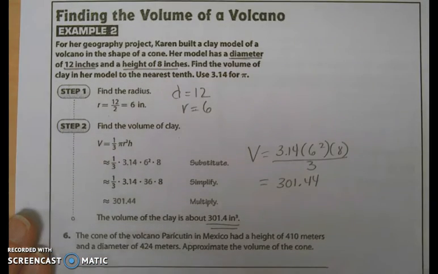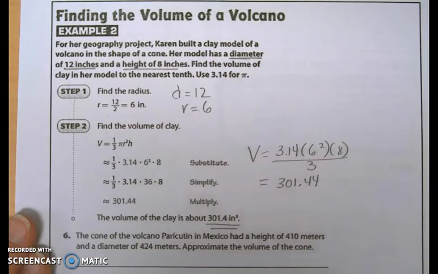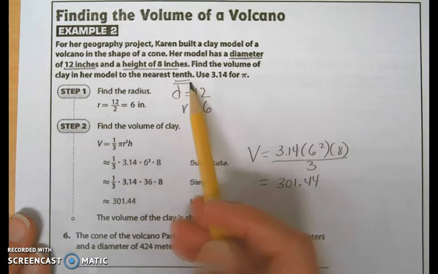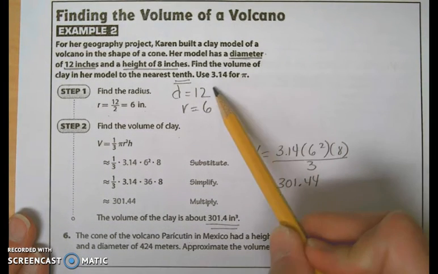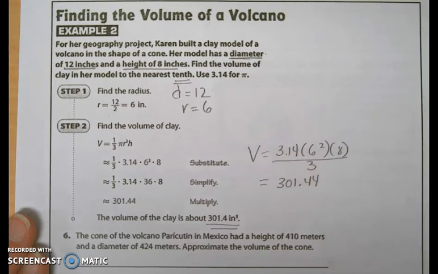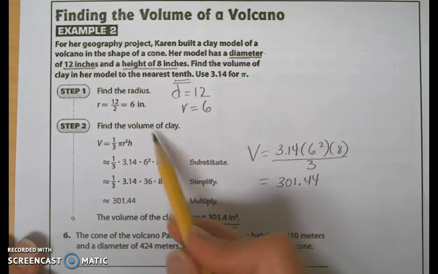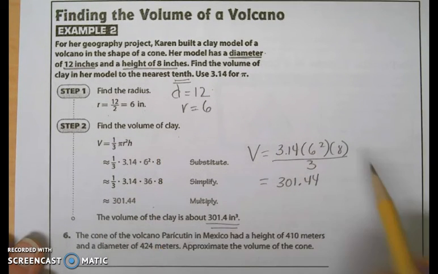For her geography project, Karen built a clay model of a volcano in the shape of a cone. Her model has a diameter of 12 inches and a height of 8 inches. Find the volume of clay in her model to the nearest tenth using 3.14 for pi. So we start with the diameter, we take half of that, which would be the radius of 6. Again, you can do it this method or you can do it this method.